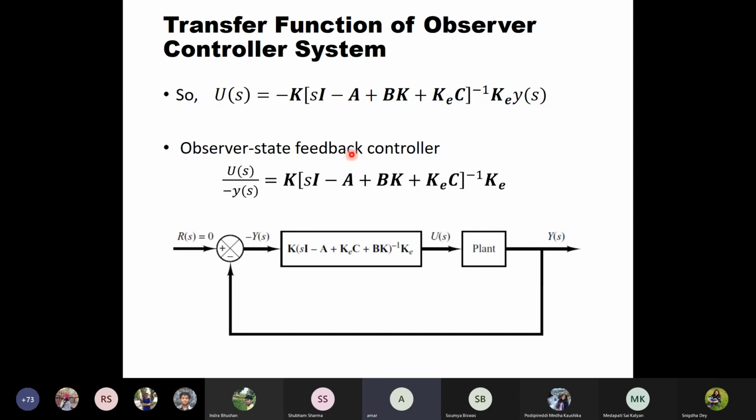And from that observer cum state feedback controller, I can find the transfer function of the controller, which means once I realize the state space model, I can find the state feedback controller gain K and the observer gain Ke. Then I will have this observer state feedback controller transfer function. I put in the values of K and Ke, and I will get the controller transfer function, which will be in the Laplace domain.